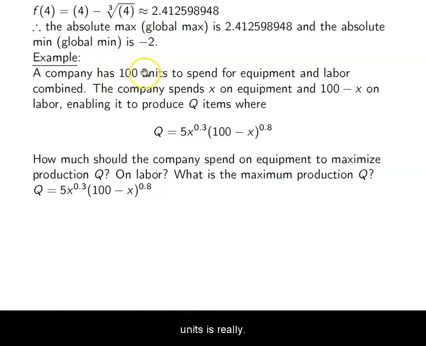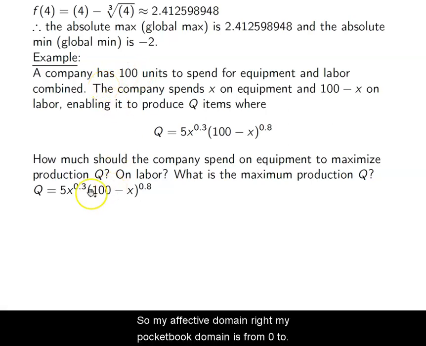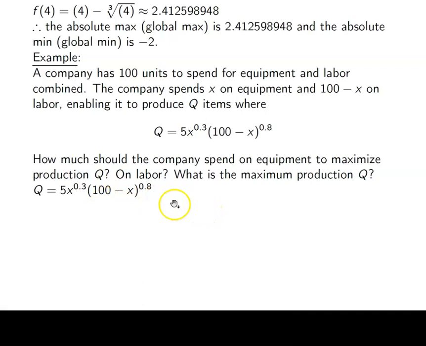So then 100 units is really like $10 million, okay? So I have 100 units of money to spend, whatever that unit represents. So I can't spend more than 100, and I can't spend less than 0, right? So my effective domain, my practical domain, is from 0 to 100. So those would be the endpoints that I'm looking at.